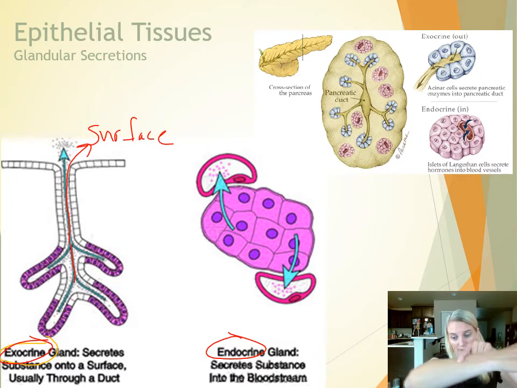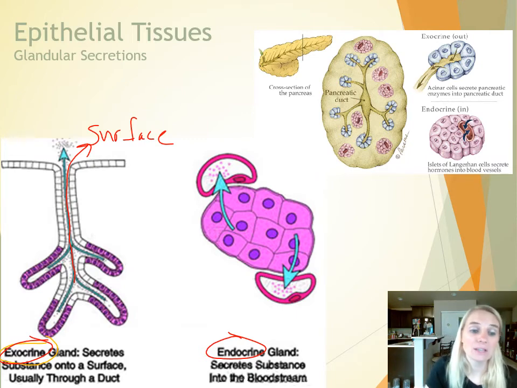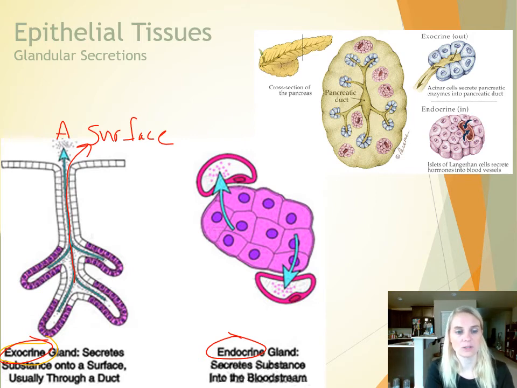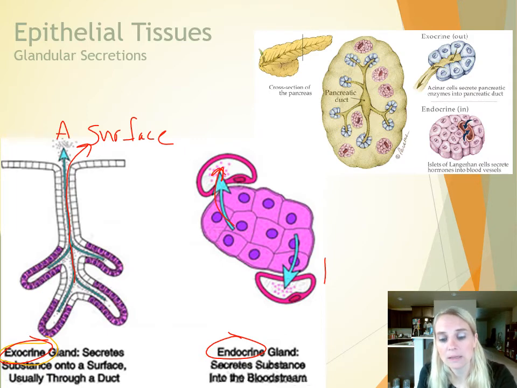It could be the surface of your skin, but it could also be the surface of your oral cavity, like salivary glands, or in your stomach, your acid and your mucus going onto the inner surface of your stomach, or your digestive tract or your respiratory tract. So a surface, not just the surface of the skin. And then endocrine sends their secretions, called hormones, into the blood.